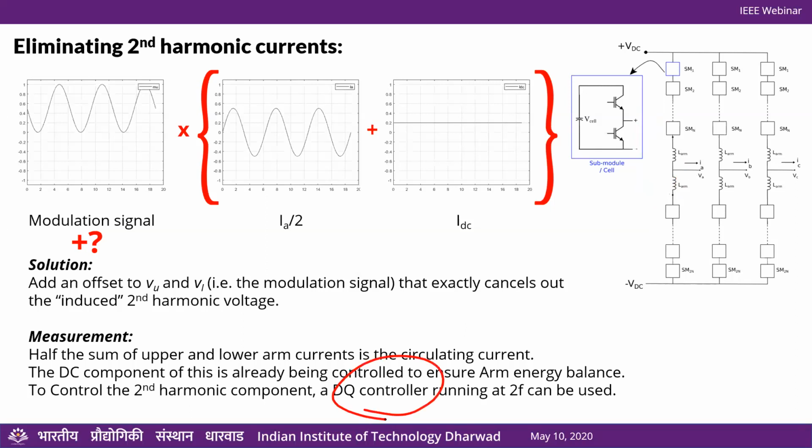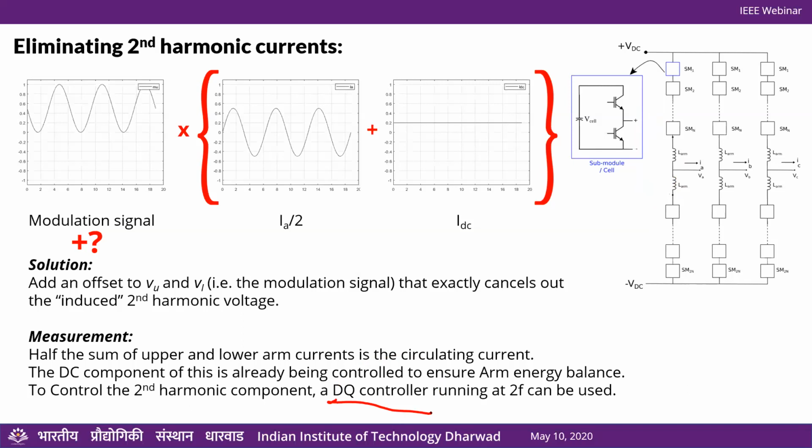So in a normal case, we want a DQ controller that runs at the fundamental frequency. Let's say we wanted to do vector control for the output, AC output of this converter, but because we want to do second harmonic, essentially we just have to have a reference frame that rotates at 2F.